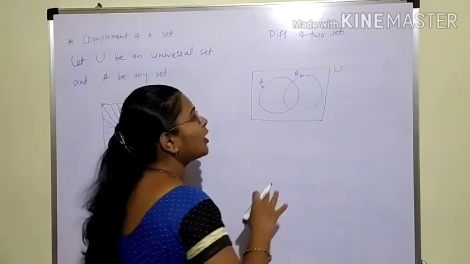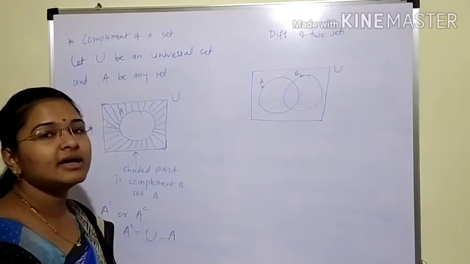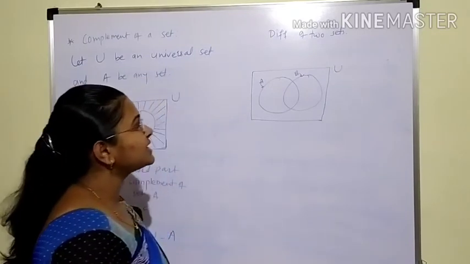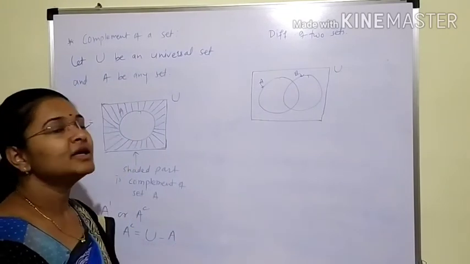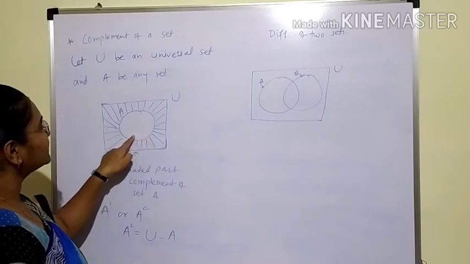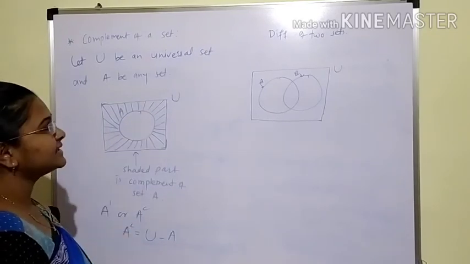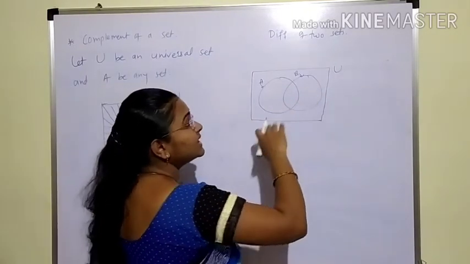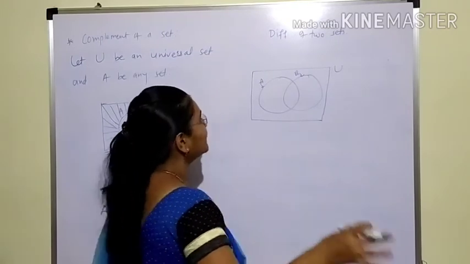Now we need the complement of A, means the elements not in A, which are present in the universal set. Now only we have seen that the part other than set A we have shaded, that is the complement of set A. But now students, if any set is present in the universal set, that set will also be there in the complement of the original set.